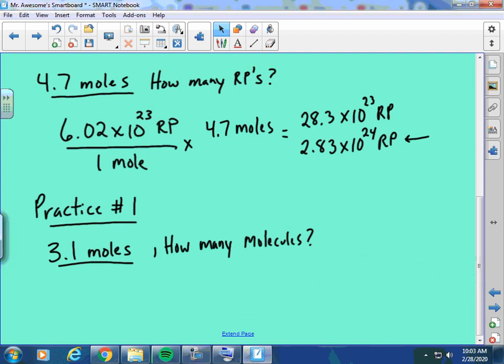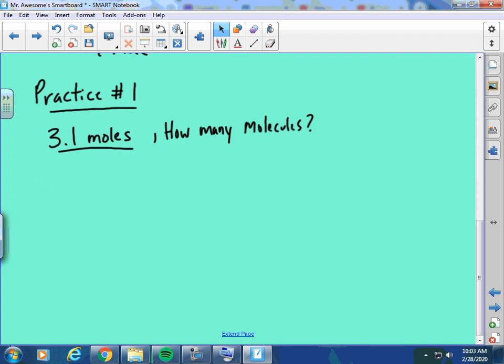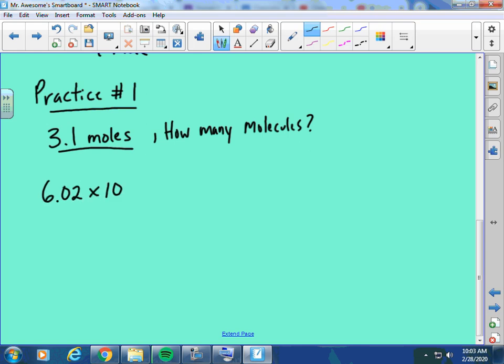All right, so let's go ahead and check answers. So again, we have 3.1 moles. We know there are 6.02 times 10 to the 23rd particles in 1 mole. In this case, we're talking about molecules. So how many are in 3.1 moles? We've got to multiply.